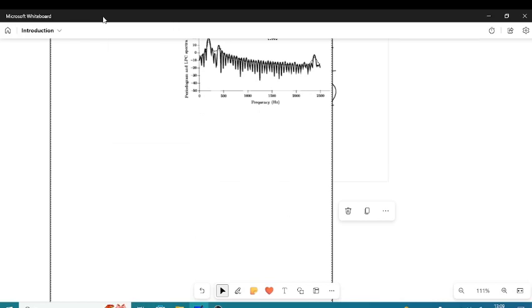So we have an N-point data set, that is x0, x1, up to xn minus 1.